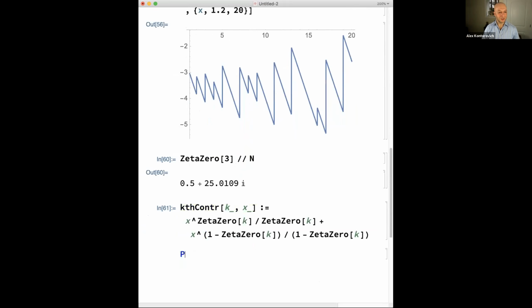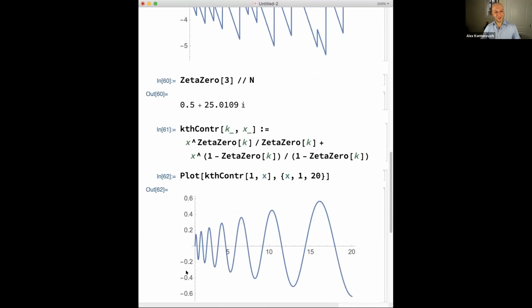Okay, let's see. Let's plot the kth contribution at x. So this is the first contribution as x goes from 1 to 20. There you are. What is this? The real part, let's look at this. x to the 1/2 is common to both of these.